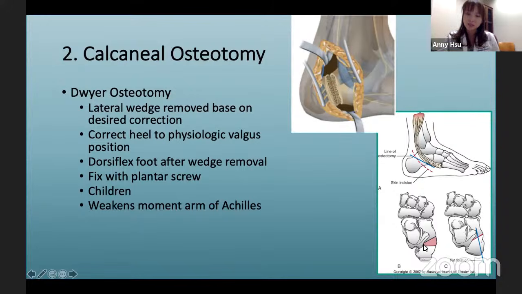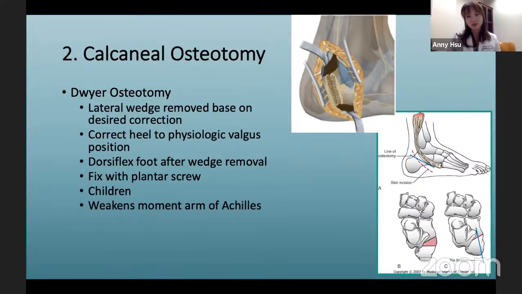So you can see here this pink triangular slice, you're resecting a lateral wedge and then swinging the remaining calcaneus over into a physiologic valgus position. And after the resection of the bone, you simply have to dorsiflex the foot and this will close down. And then you can fix this either with screws or pins from the calcaneus.